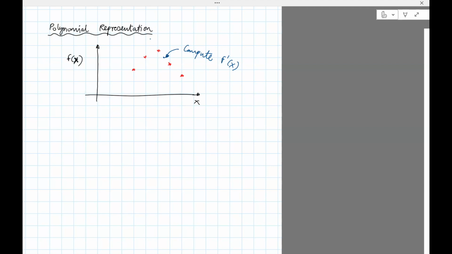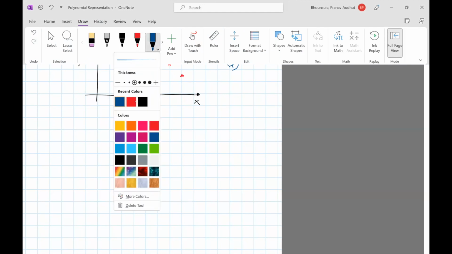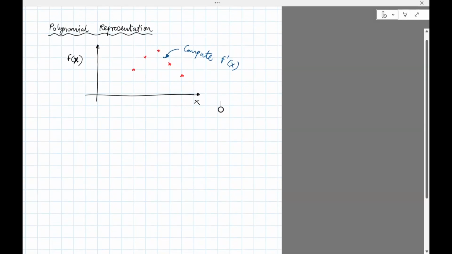Okay, so that seems quite hard because first of all, you don't have data at that point. And if you don't have data, how will you even go about computing the derivative? So one trick is to fit a curve between all these points and then use that curve to compute the derivative. So in this case, if there are 5 points, and if you wanted the simplest possible polynomial, then it would be a 4th order curve, right?